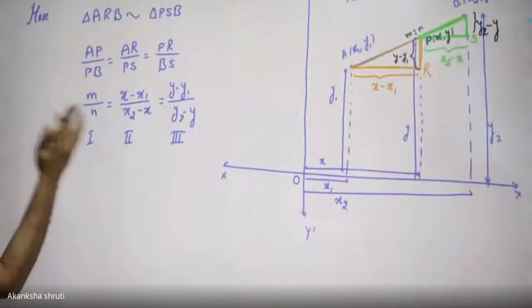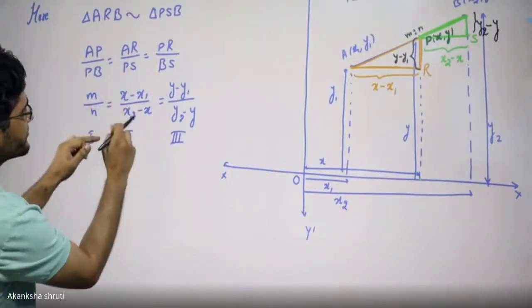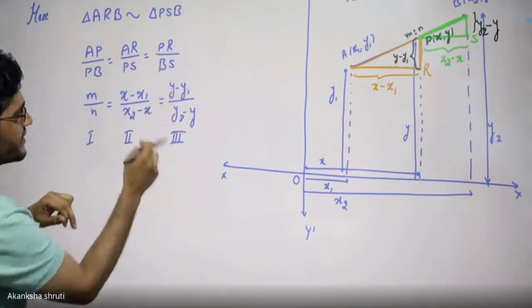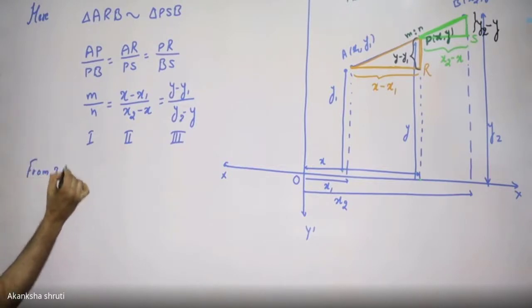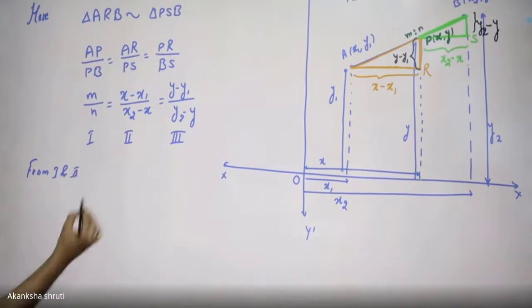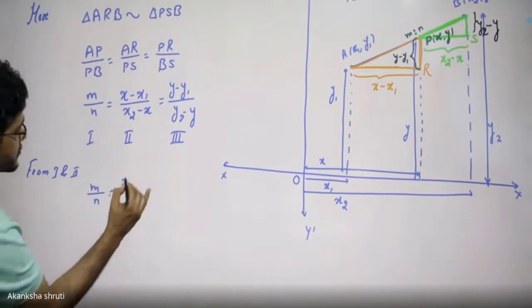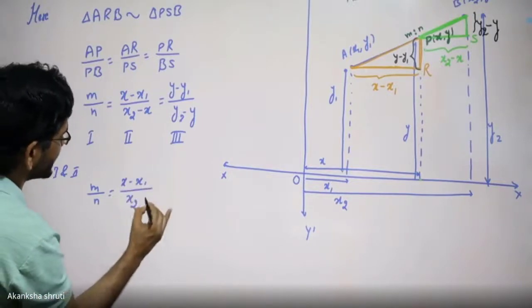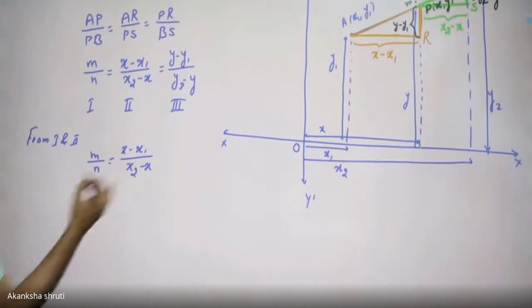So for that, equating the first and second, we can get the value of X. Equating the first and third, we can get the value of Y, which is unknown. Students, so just take from 1 and 2, we have M by N is equal to X minus X1 divided by X2 minus X. From this X can be calculated.